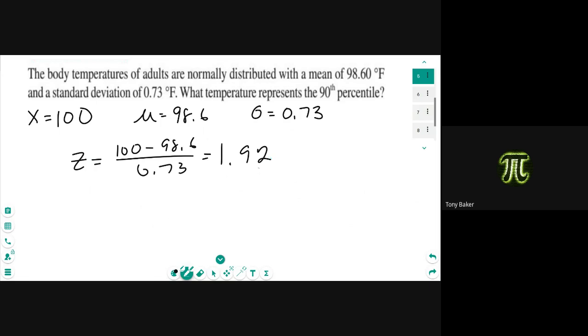And if you look up my z-score 1.92, we get 0.9726. So if I wanted greater than that, 0.0274. So I heard less than 1%, but it's actually almost 3%.